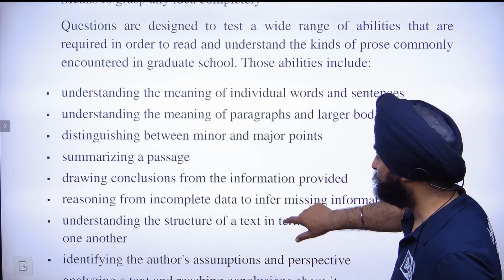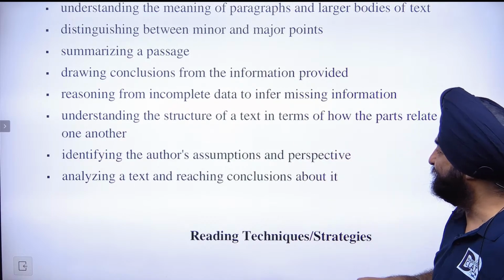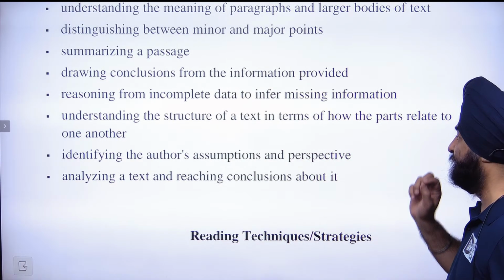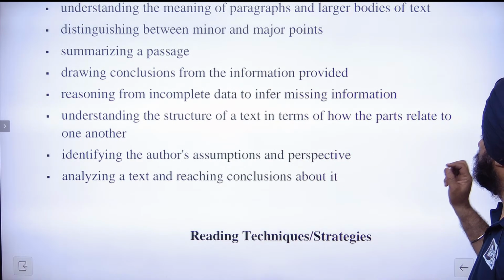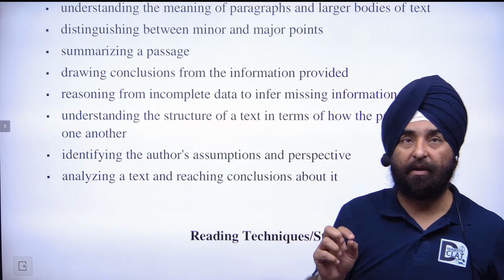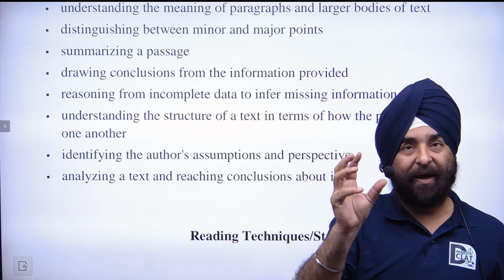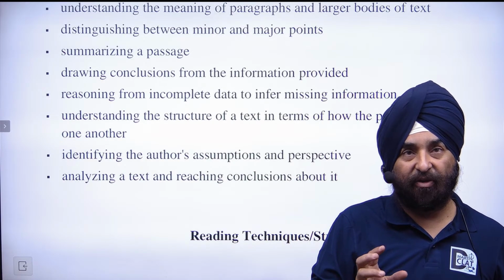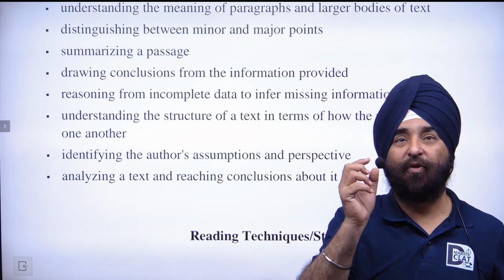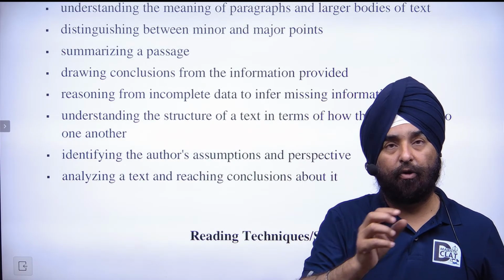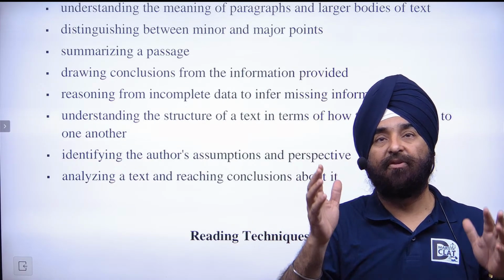Okay, then next is understanding the structure of a text in terms of how the parts relate to one another. Means, when we are reading a comprehension passage, we also have to focus not only on the content that is there, but the structure.